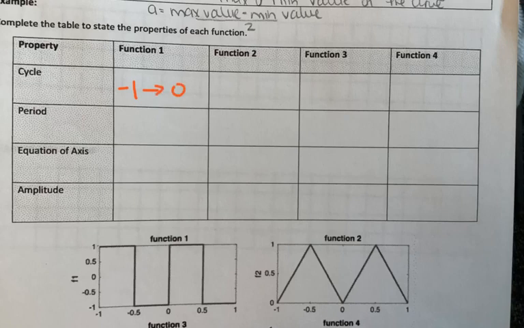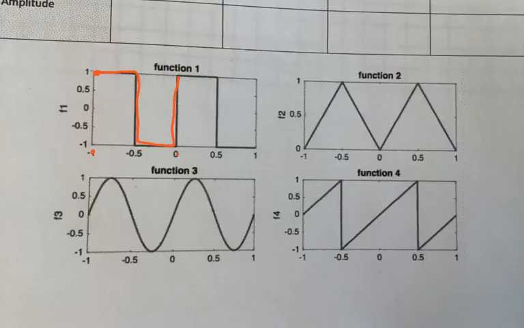Now, the period is the length of one cycle. From -1 to 0, that's 1 unit. So the period is 1. The equation of the axis is the horizontal line halfway between the max and the minimum y values. My maximum y value is 1. My minimum is -1. So halfway between that is 0.